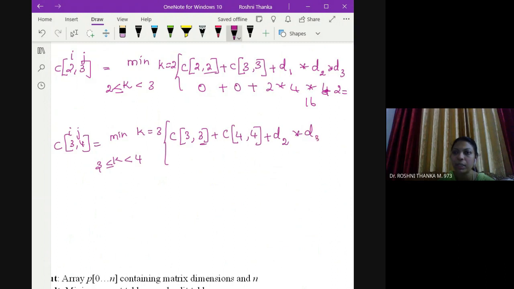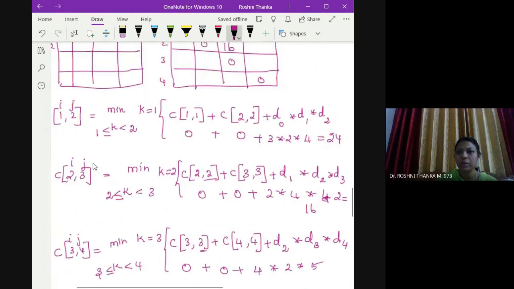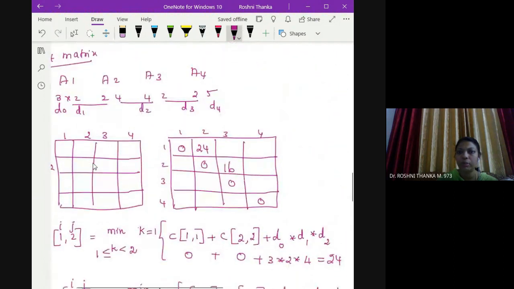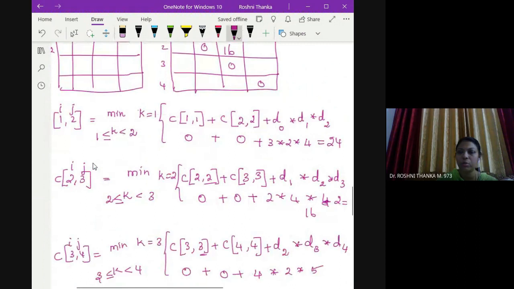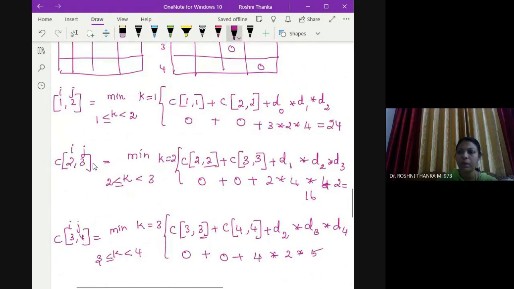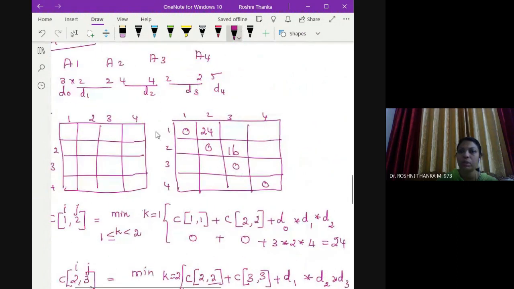So d3, into dj. What is the j value here? 4. So d4. Okay, now we have to write again the values for it. It will be 0 plus this also 0 plus, what is the d2 value here? If you see, it is 4, the d3 value is 2 and the d4 value is 5.